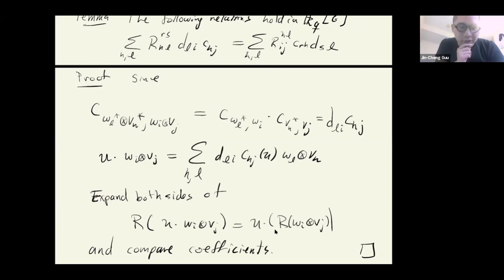So when we say that the R matrix is trivial, it basically means that the coproduct on U of G is co-commutative, and so the dual algebra is going to be commutative, and that's what these relations are going to say, which is a nice exercise. Thank you.